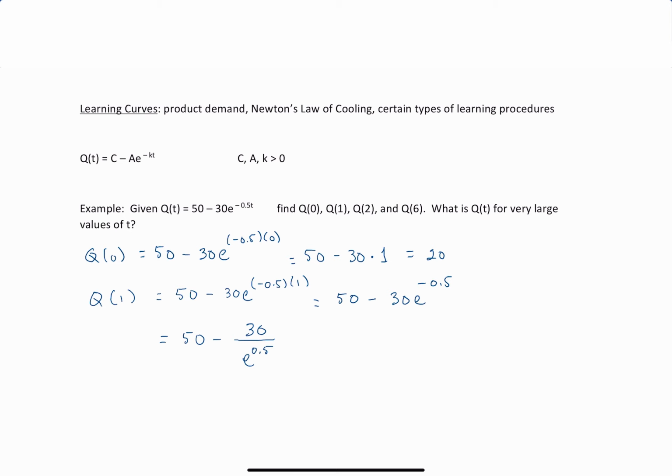So this is the same thing as 50 minus 30 over e to the 0.5 power. So we have 50 minus 30 over approximately 1.65. So that is 50 minus about 18.20. In other words, about 31.80.